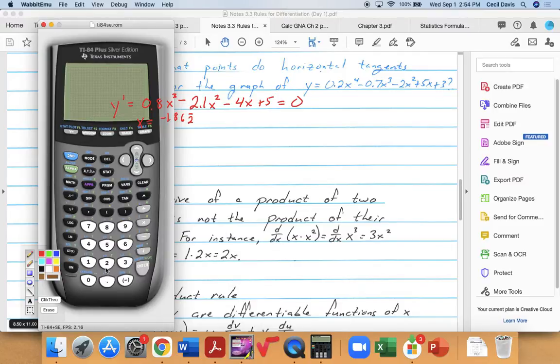So if I go 0.2 x raised to the 4th minus 0.7 x to the 3rd minus 2x squared plus 5x plus 3, it'll crank out the y value.